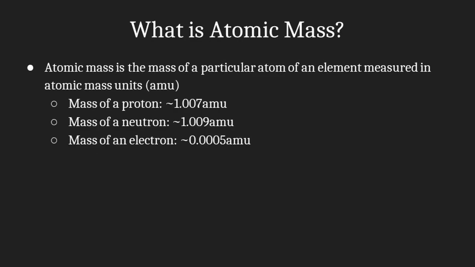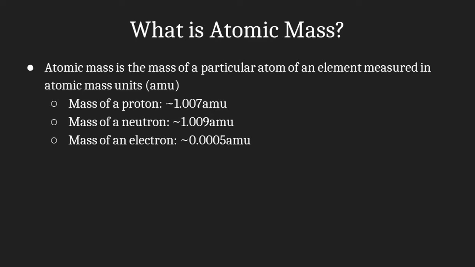The mass of a proton is 1.007 AMU, the mass of a neutron is 1.009 AMU, and the mass of an electron is 0.0005 AMU. But using these decimals gets tedious, especially when there's a lot of protons and neutrons.